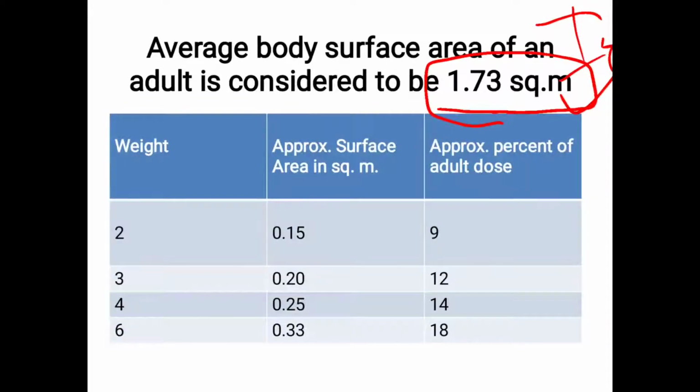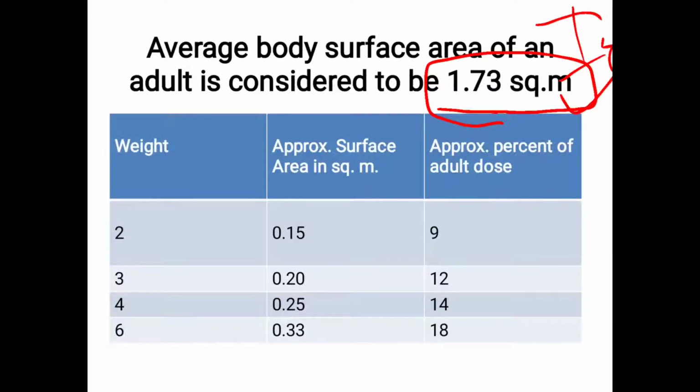You can also remember this table. I will read this. If weight is 2 kg, the approximate surface area is 0.15 square meter, and the approximate percentage of adult dose is 9. For 3 kg, 0.2 and 12. For 4 kg, 0.25 and 14.